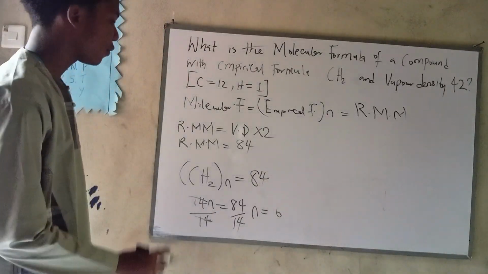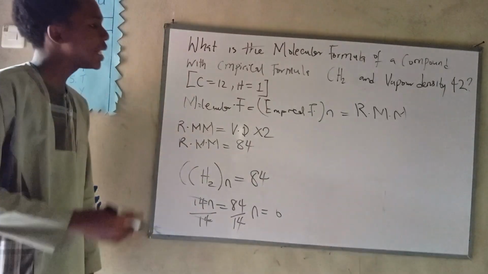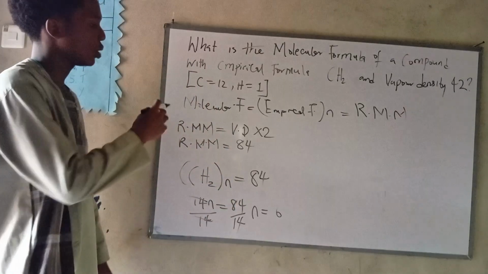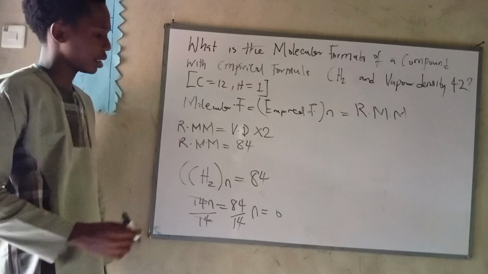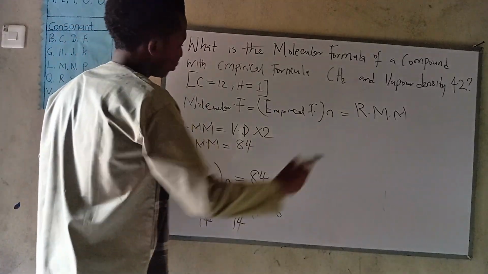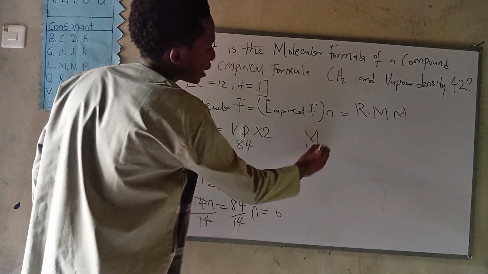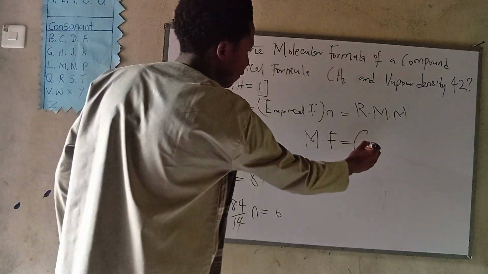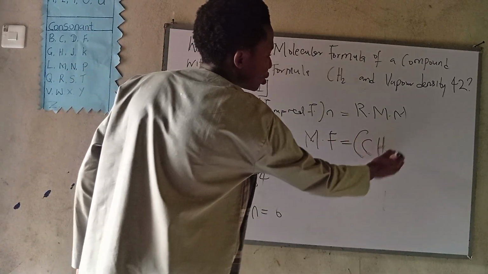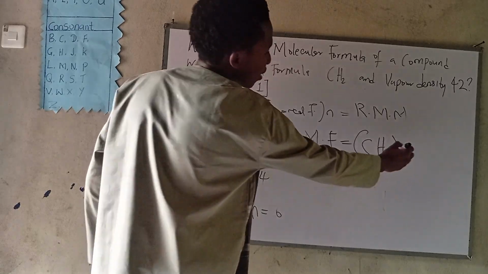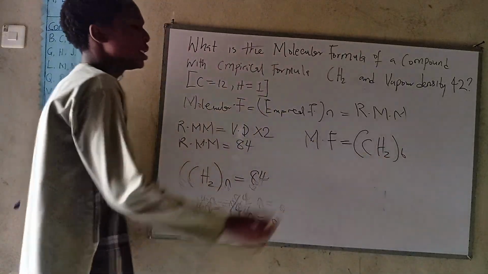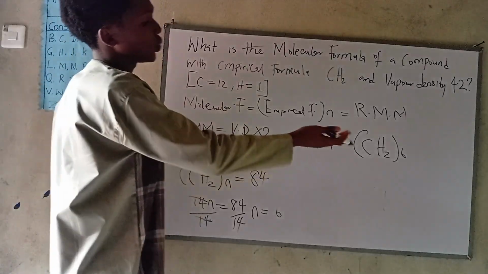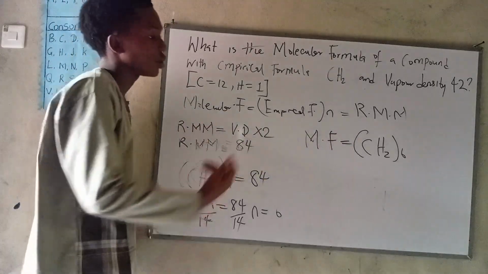Alright, since we've gotten n to be 6, now let's get our molecular formula. Our molecular formula is equal to our empirical formula (CH2)6. We have our n to be 6. Last time we got only 1, which we multiplied by, and 1 times anything is the same thing, but now we have 6.